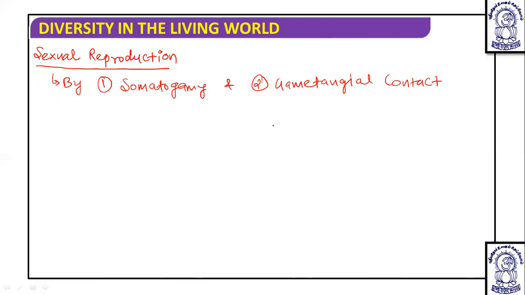Now first we are going to study somatogamy. As we have studied during plasmogamy, here without sex organ formation, the sexual reproduction occurs. So when we see the diagrammatic view of this somatogamy, we will see how this occurs.